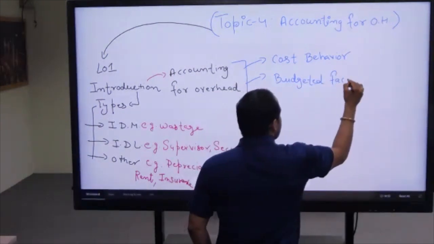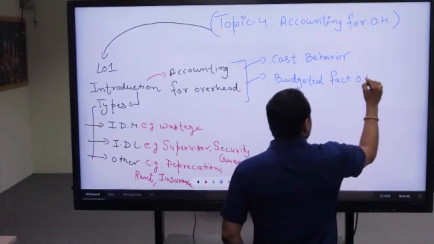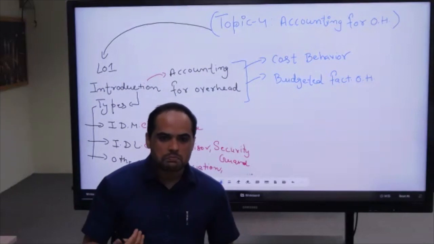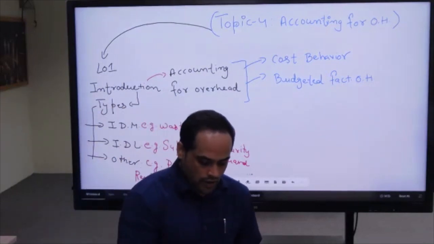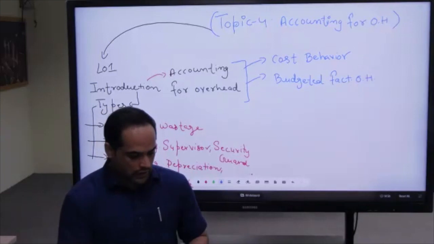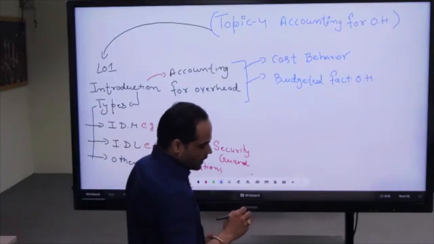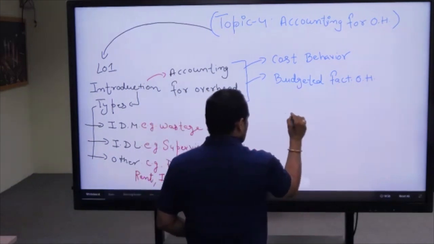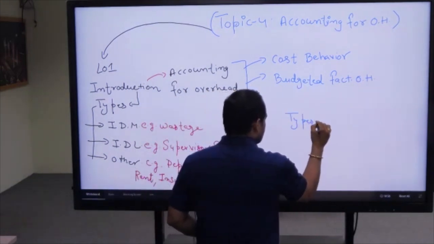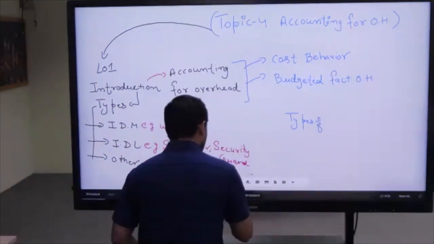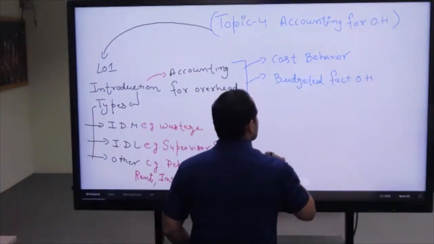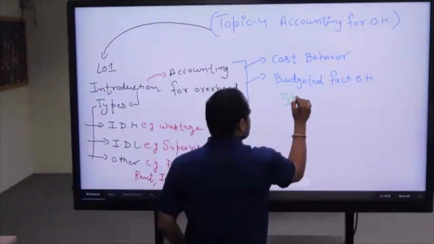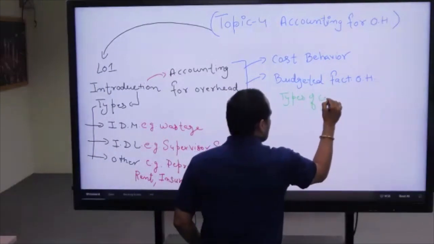Budgeted factory overheads. Right? Now, what does it mean, budgeted factory overheads? Let me write down something. Types of cost.